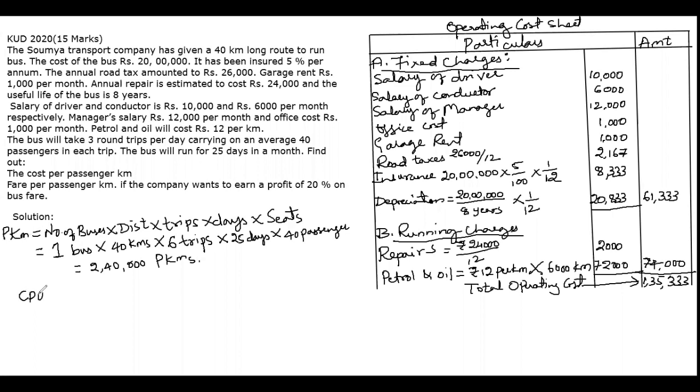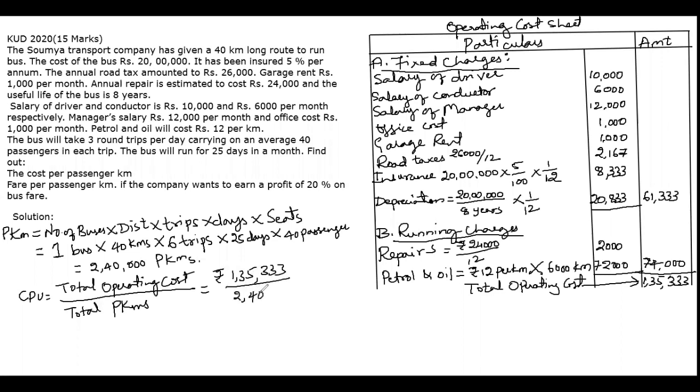CPU is equal to total operating cost divided by total passenger kilometer. We have calculated both here: rupees 1,35,333 divided by what was the total passenger kilometer?